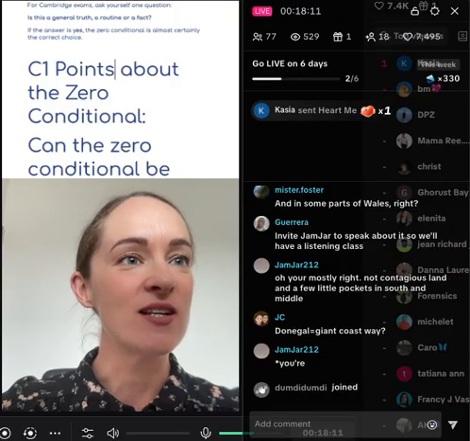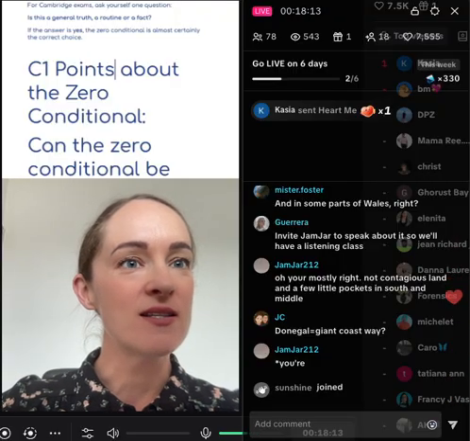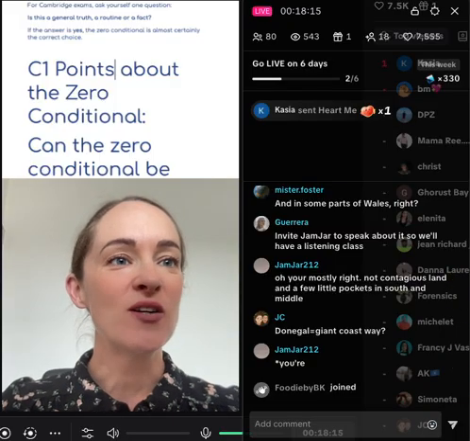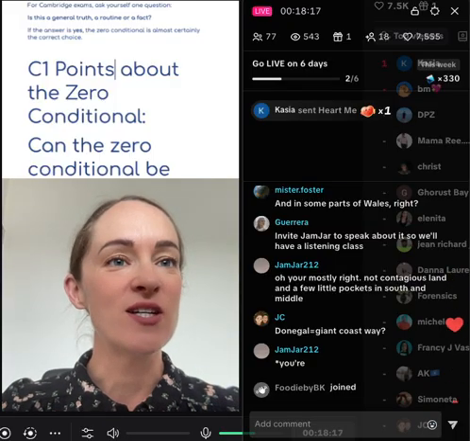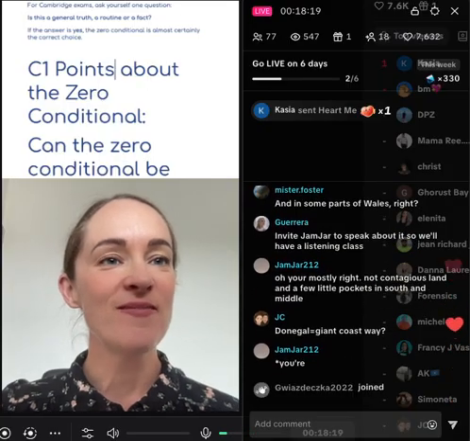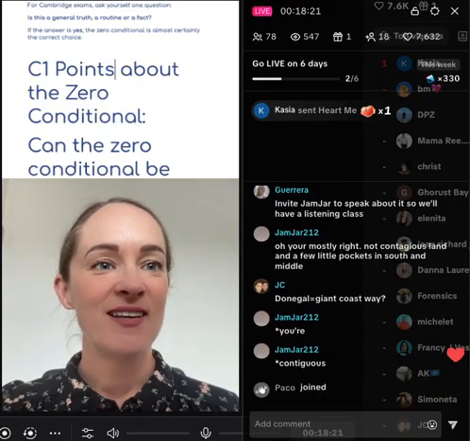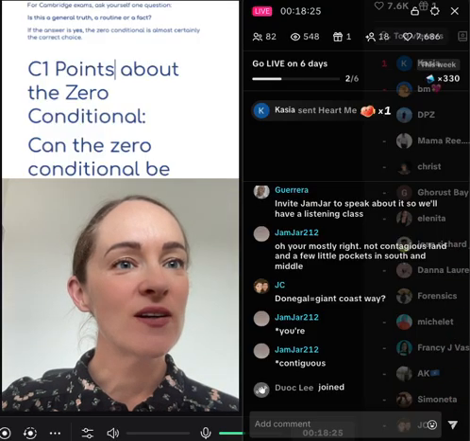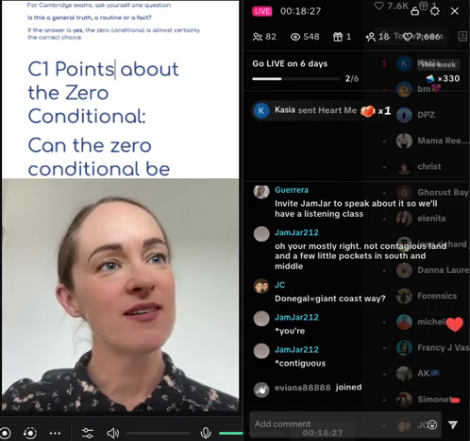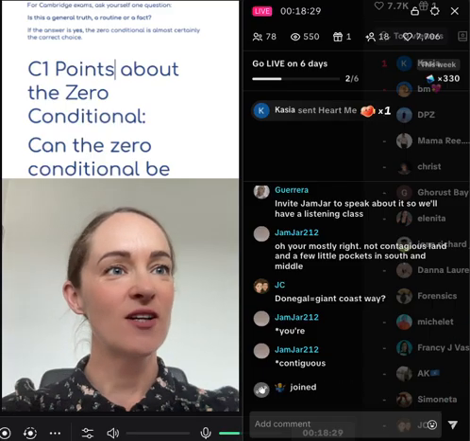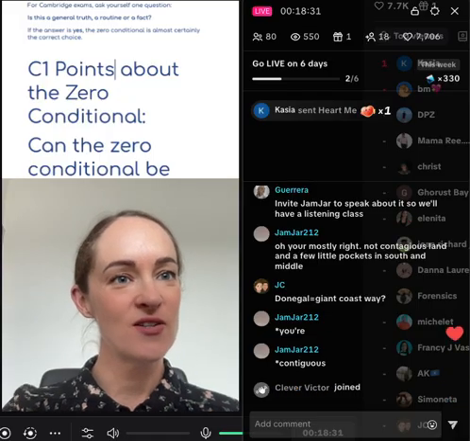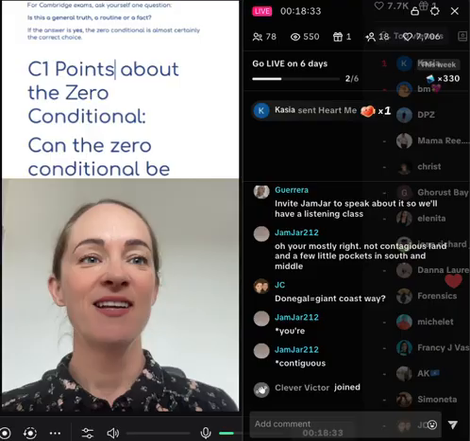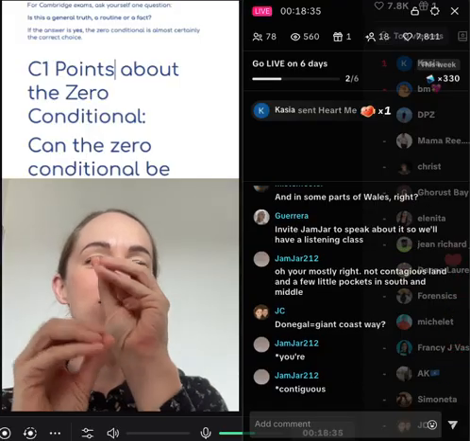Not contiguous land, and a few little pockets in the south and middle. Donegal, Giant's Causeway. Yeah, it is, JC, exactly. Contiguous? Contagious? Oh, I know what you mean. Okay, you mean that it's a bit spotty.